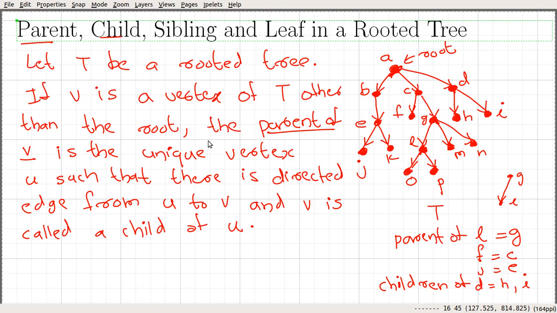Let's define what is called the sibling of a particular vertex.